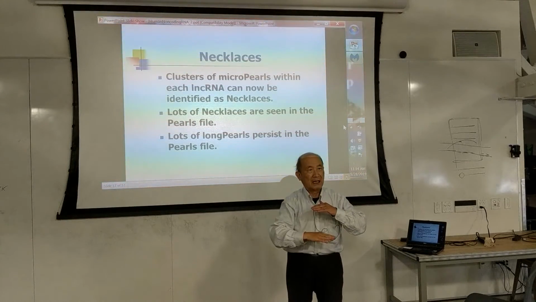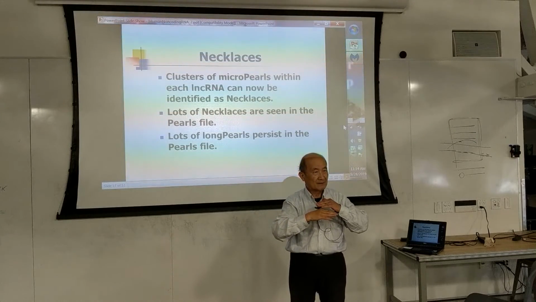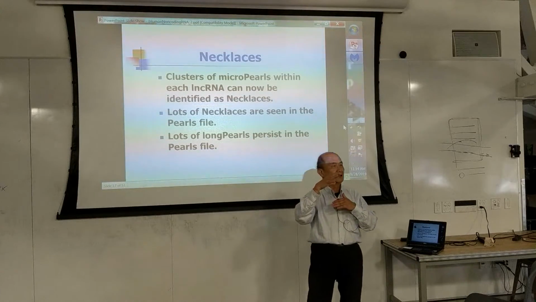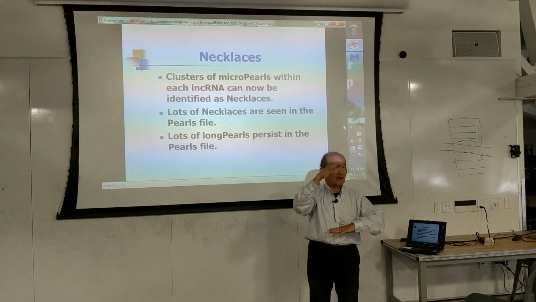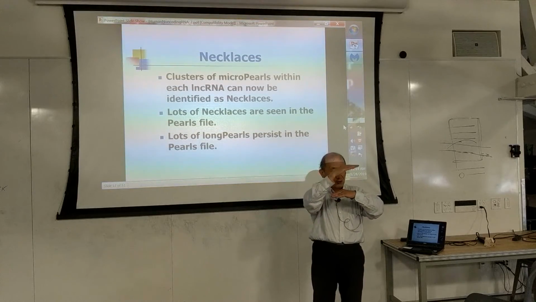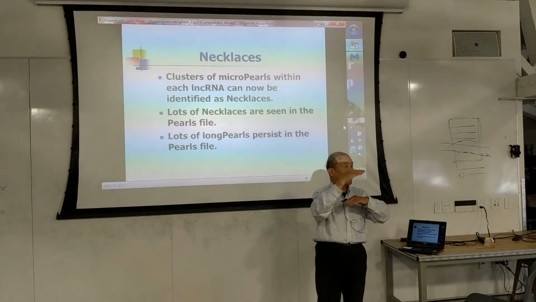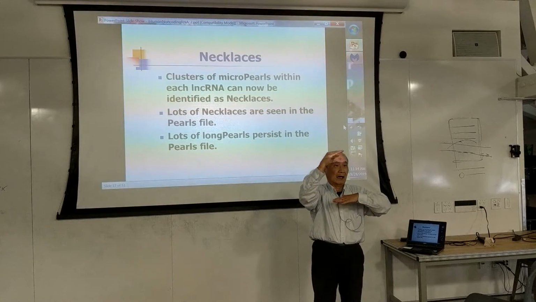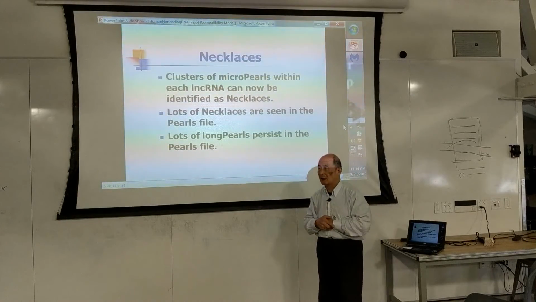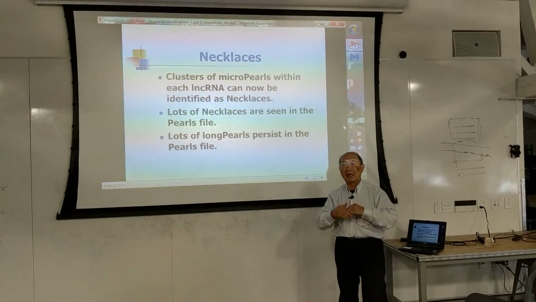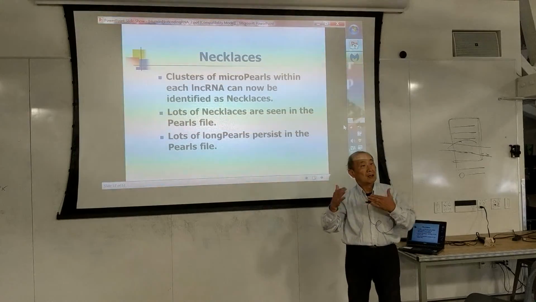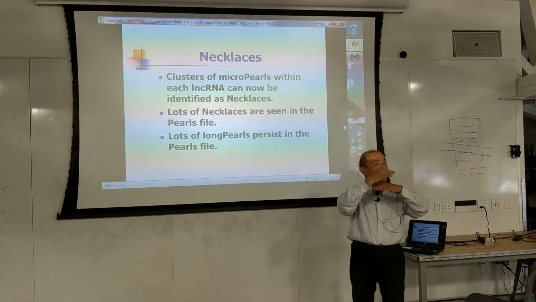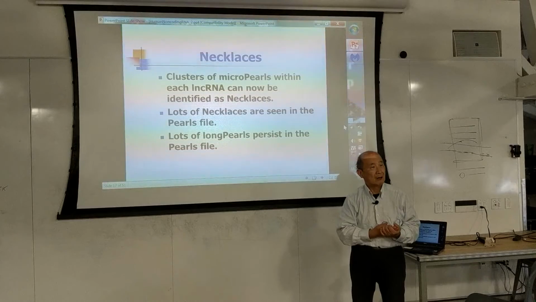And then I re-merge the index file with the pair file. Now you can see I insert the header of each RNA, and the headers separate out each individual RNA molecule. Okay? And then I'm looking for the clusters of pairs within each and every long non-coding RNA. So this is the way you can identify them.